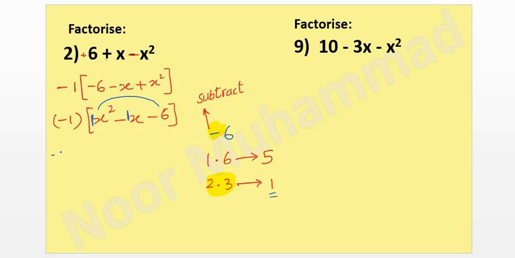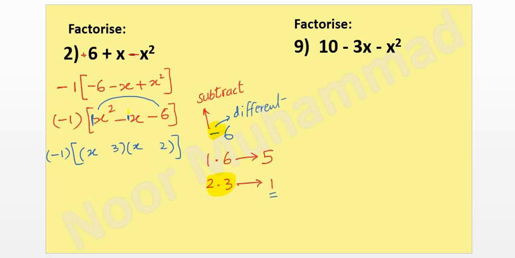Now how will we write the factors? Remember, whenever we have a negative sign here, the numbers in this pair are going to get different signs when we write the final factors. So x and 3, and then the other one will be x and 2. Now we have to place signs with this 3 and 2.